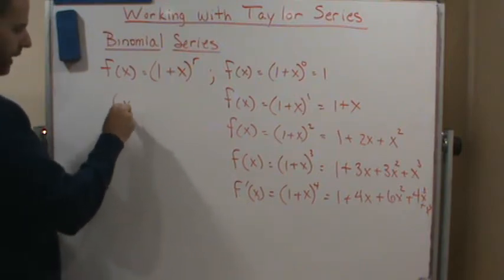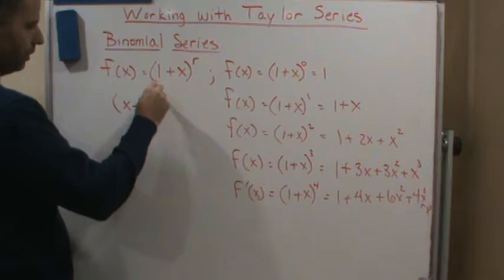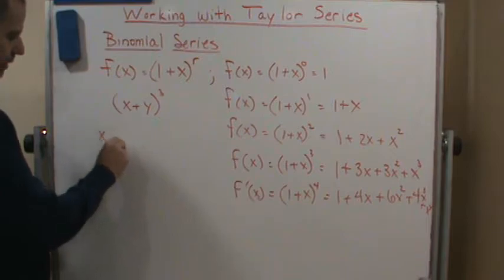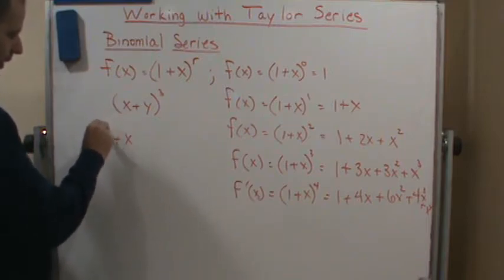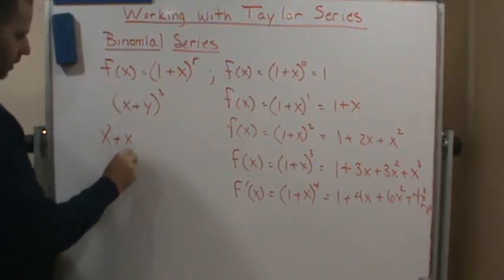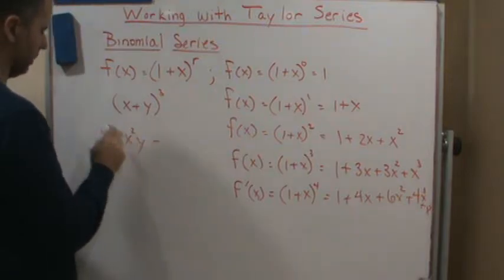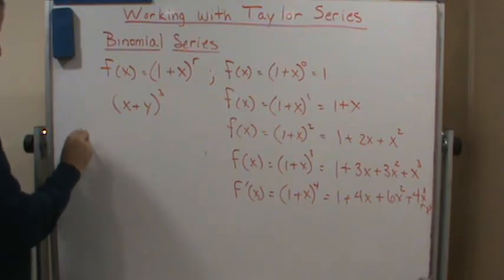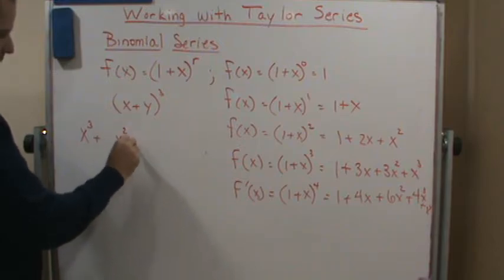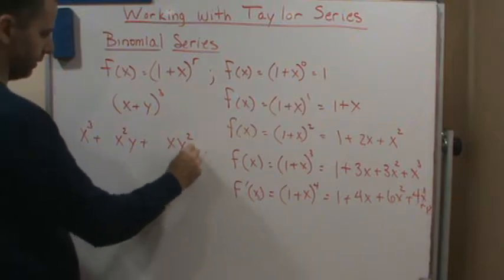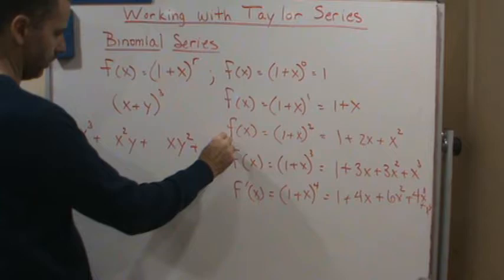For example, if we have x plus y to the 3rd, this becomes x to the 3rd plus x squared y plus xy squared plus y cubed, right?